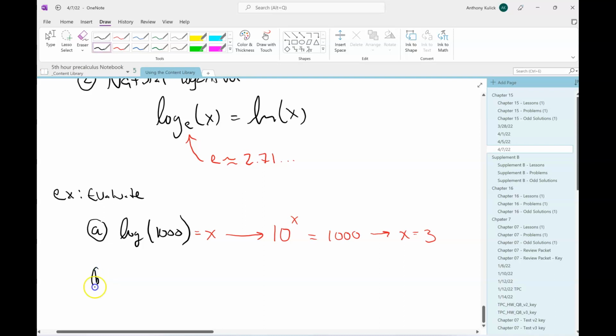What if we had log of 5137? What in the world do I do with that? There's nothing to do with this other than go to your calculator.